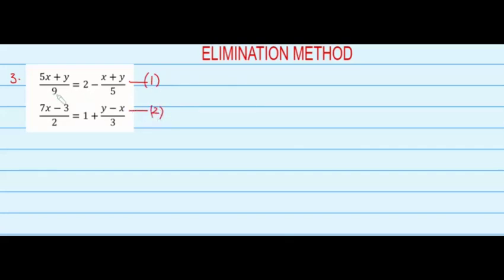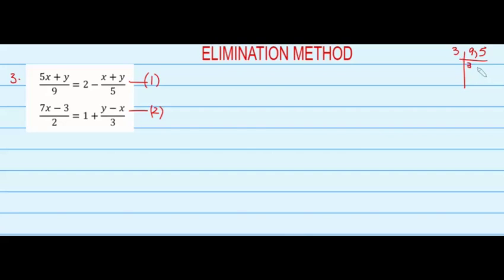So again we have fractions like we had in question 2. To get rid of these fractions, we have to multiply each equation by the LCM of the denominators, right? So the denominators are 9 and 5, so we'll find the LCM of 9 and 5.